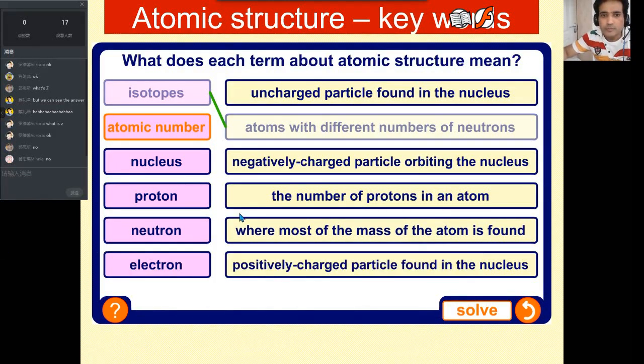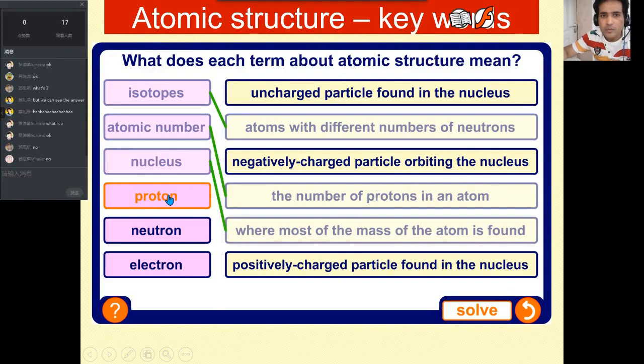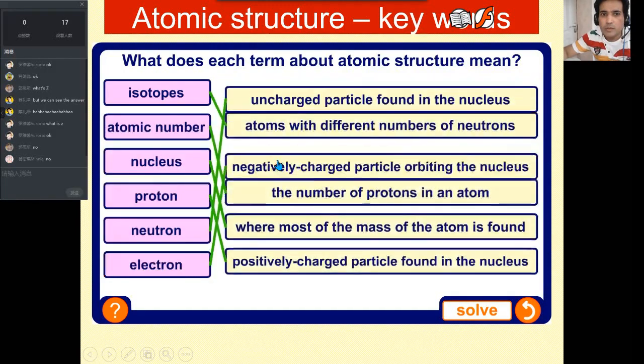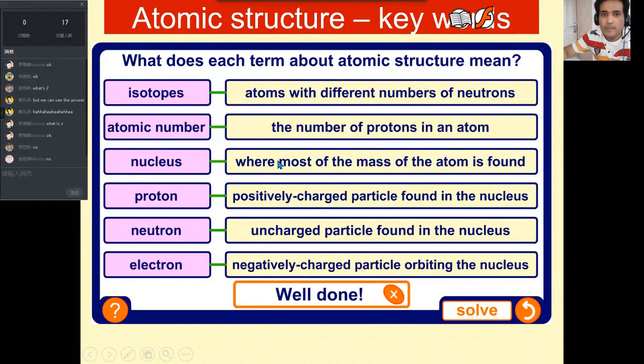Atomic number. Okay, so these are the things we have covered until now.